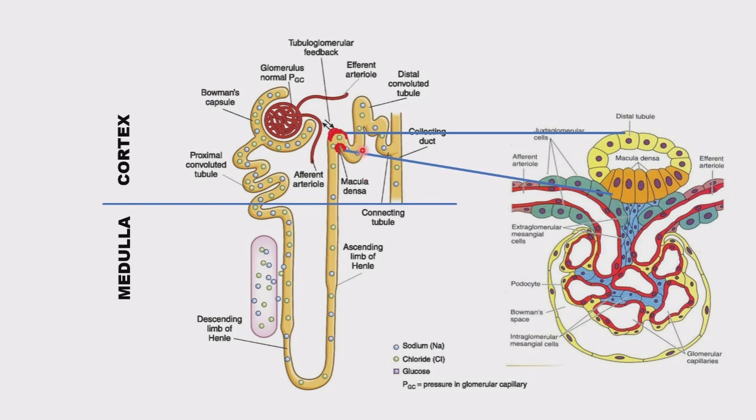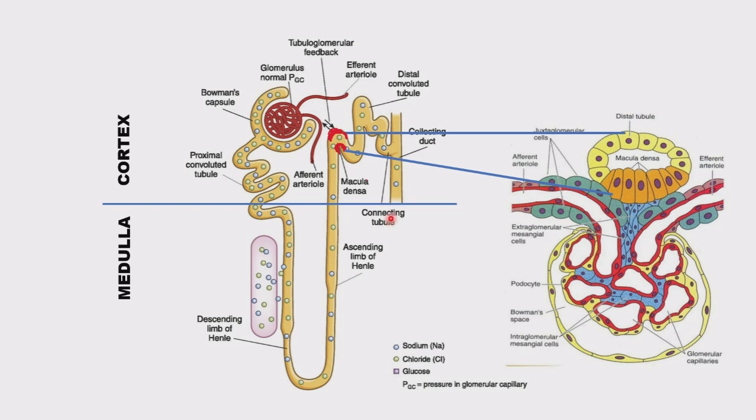Then, after your macula densa, your urine will flow to your distal tubule located at your cortex, which will drain into the connecting tubule, then to your cortical collecting tubule from other nephrons to form a large collecting duct towards your medulla and become your medullary collecting duct until the urine empties into the renal pelvis.